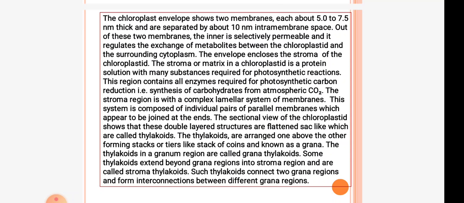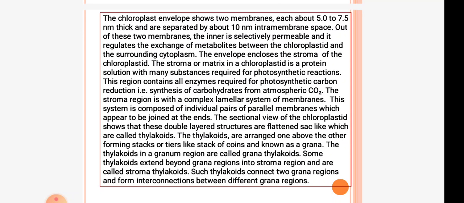The stroma region is with complex lamellar system of membranes. This system is composed of individual pairs of parallel membranes which appear to be joined at the ends. The sectional view of the chloroplastid shows double layered structures, flattened sacs known as thylakoids.